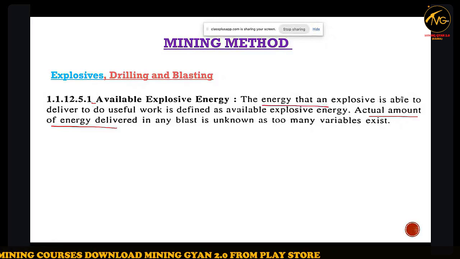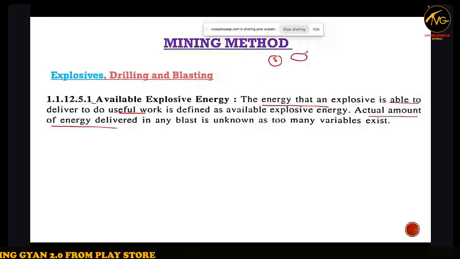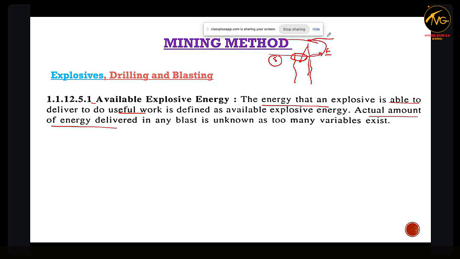That is the energy that an explosive is able to deliver to do useful work, but many factors are involved. स्ट्राटा कैसा है, ड्रिल होल में स्टेमिंग अच्छी है या नहीं है, एक्सप्लोजिव क्वालिटी कैसी है, डिटोनेटर and weathering, many things involved, so we cannot know the actual amount of energy.